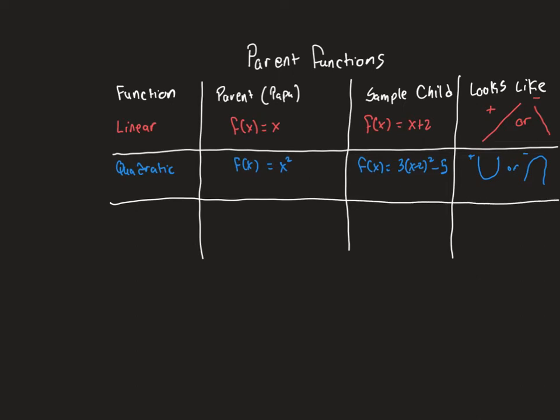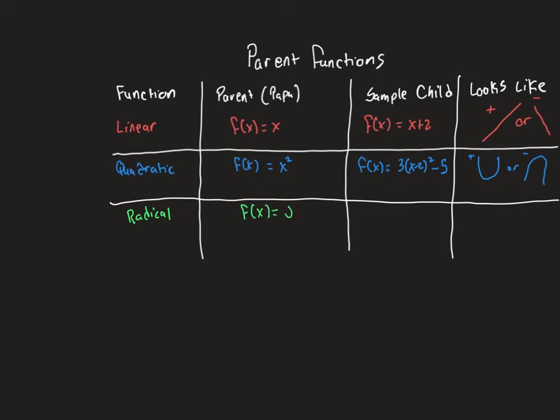All right, next up, we've got the radical. The radical, he's like the rebel of the family. He just wants out every single time. All right, and the radical, well, what's papa look like?